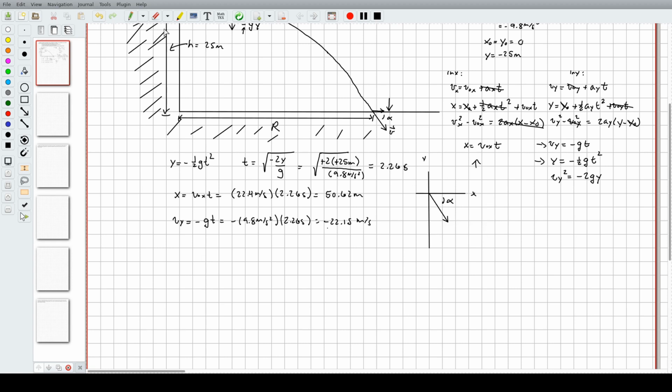So if you think of this right here as being the y part of the velocity, and this right here as being the x part of the velocity, like that, then sine of alpha is opposite over hypotenuse.